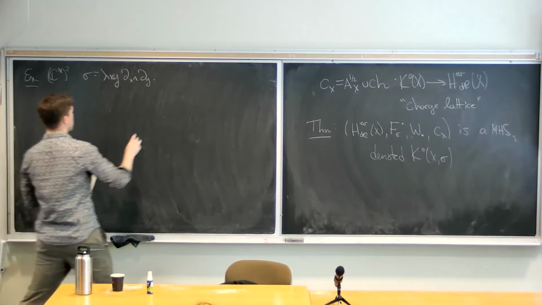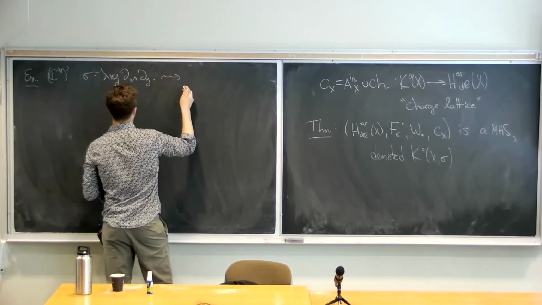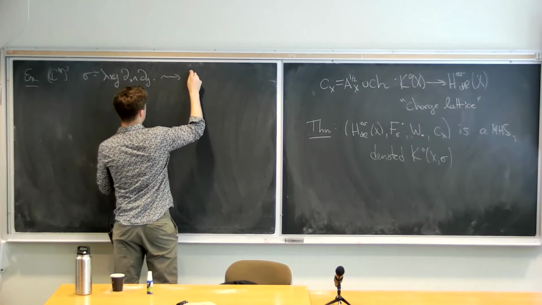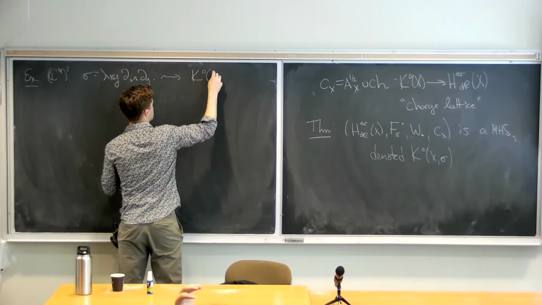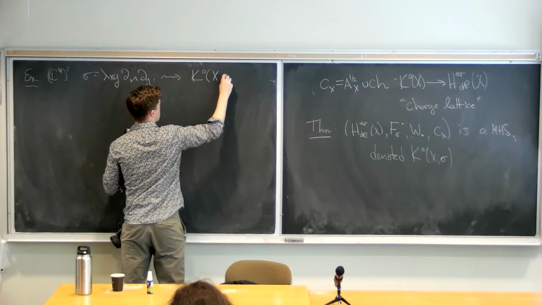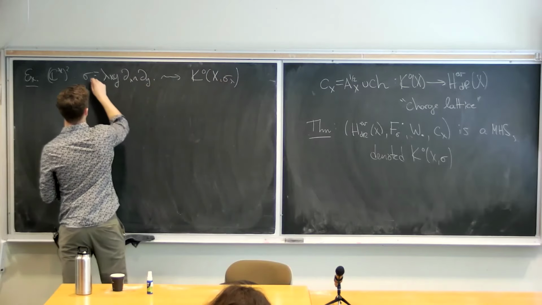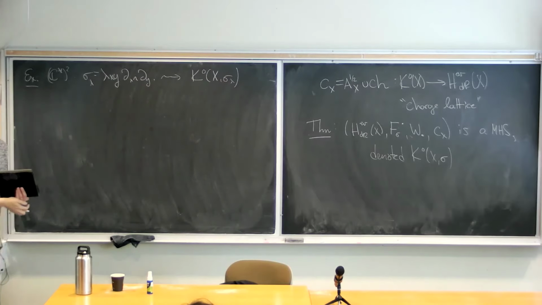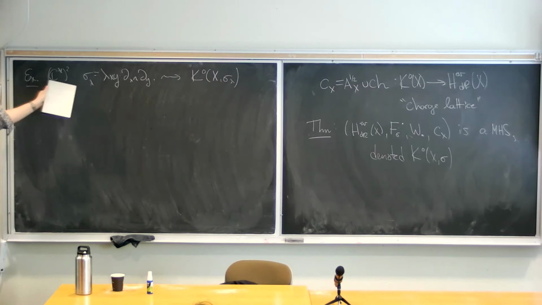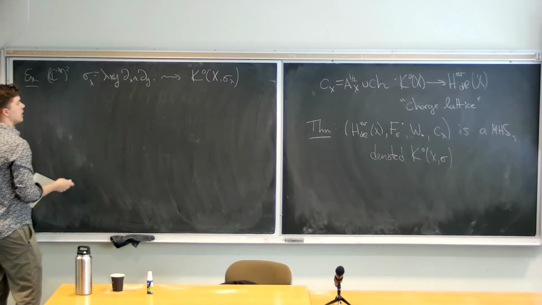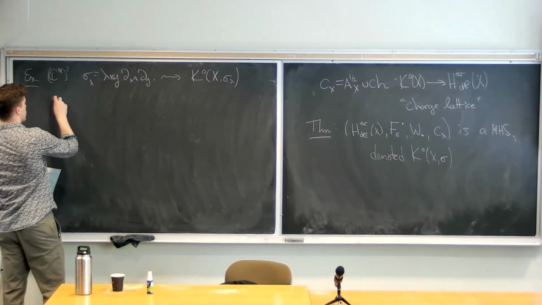From this, if we compactify using P2, I get this mixed Hodge structure, the one I just sketched how to create. And what I can do is look at the weight filtration.